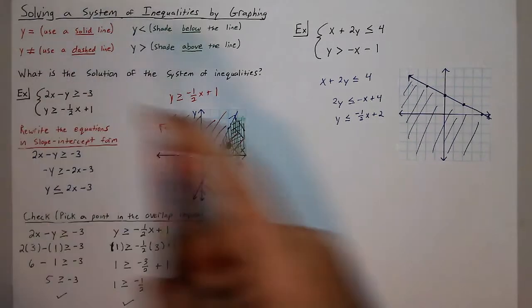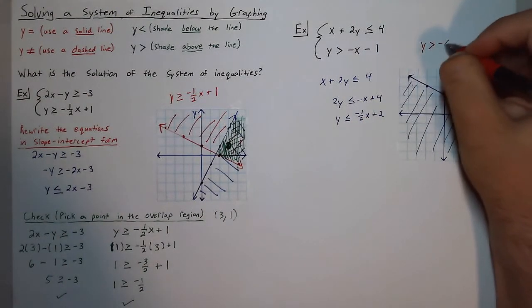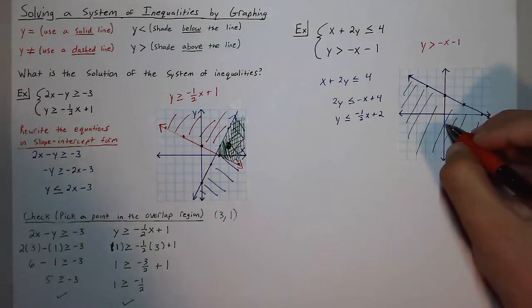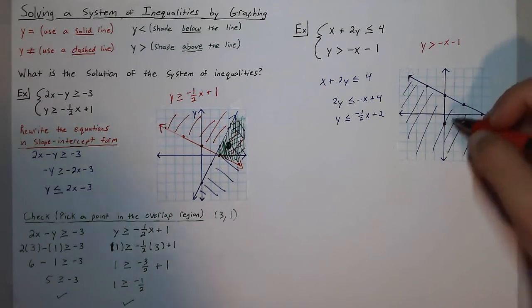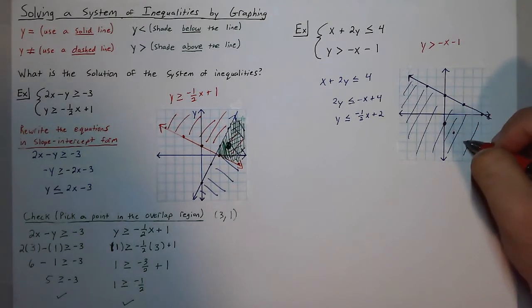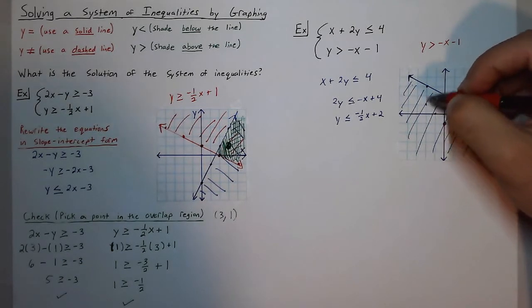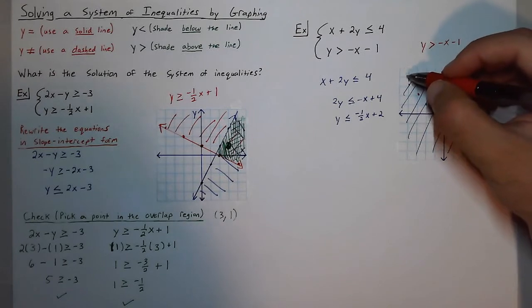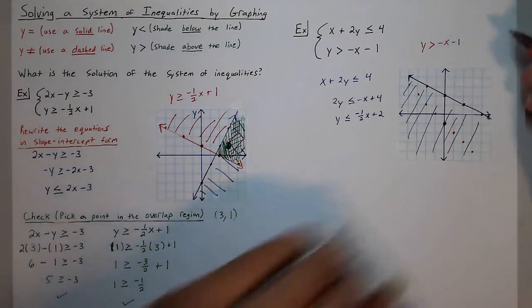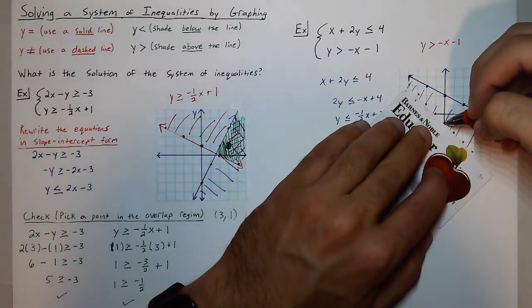Now my other equation is in slope-intercept form already, so I have y is greater than negative x minus 1, which I have a y-intercept of negative 1 and a slope of negative 1. So down 1 over 1. And I can go backwards as well. But in this case, I won't use a solid line since my inequality is not equal to.